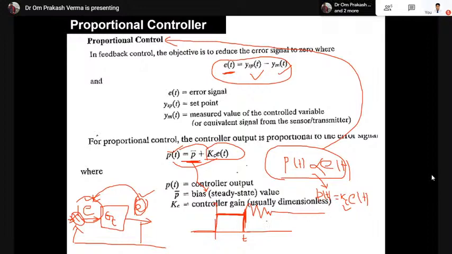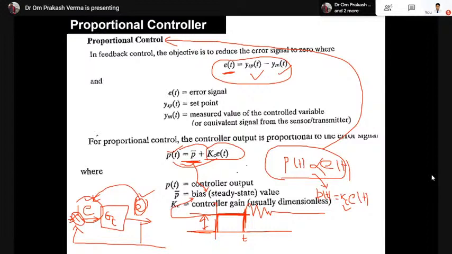Whatever the steady state was previously, that was your bias value. This value is not zero, it is some value, so we have taken some reference. Therefore we have taken p bar.